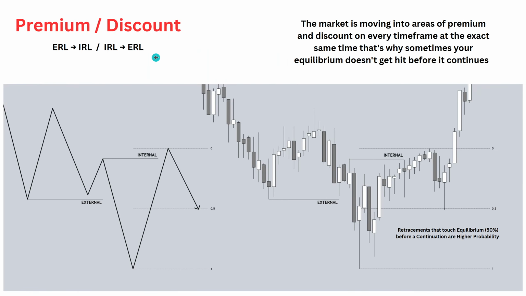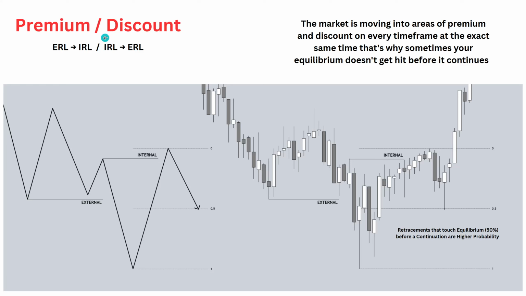Now, premium and discount, this is a very complicated topic that has an absolute insane amount of value to know about, right? So premium and discount can work typically from external range liquidity to internal range liquidity, and from internal to external. The reason this is very important is because this is how premium and discount is created.